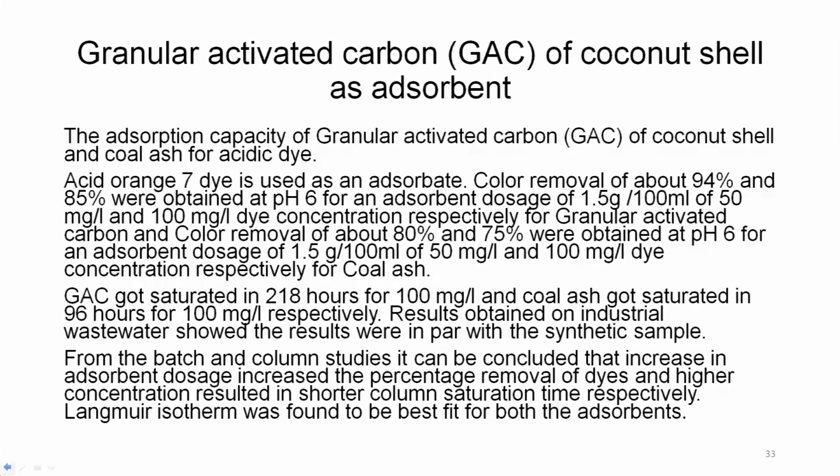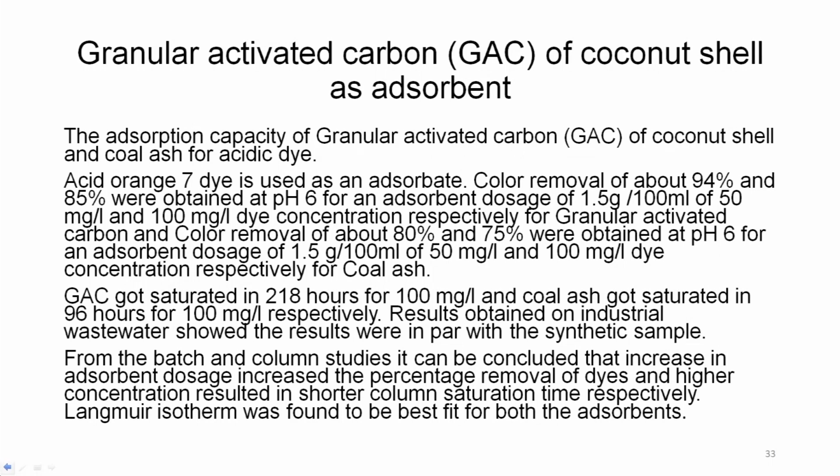Granular activated carbon, which is derived from coconut shell, is also a good adsorbent, and that has been used for Acid Orange 7 dye as an adsorbent, and color removal of 94 to 85% was obtained at pH 6. Granulated activated carbon, which is called GAC, got saturated after 218 hours.